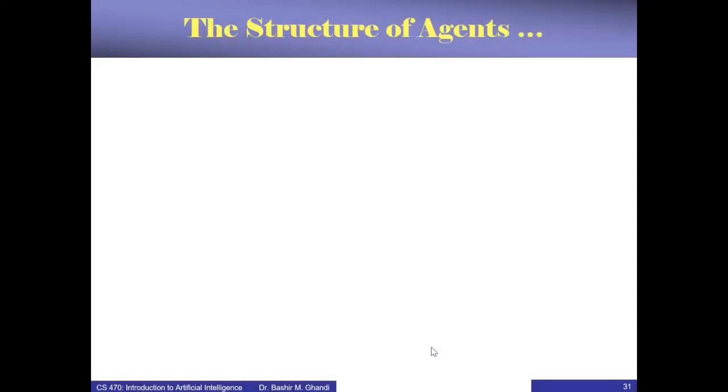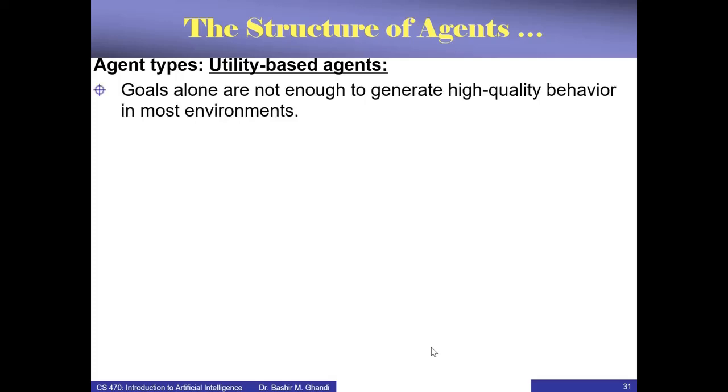The final agent structure is called the utility-based agent. This is the most general, actually. So it says here, goals alone are not enough to generate higher quality behavior in most real-life environments.